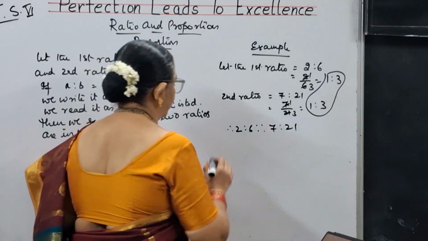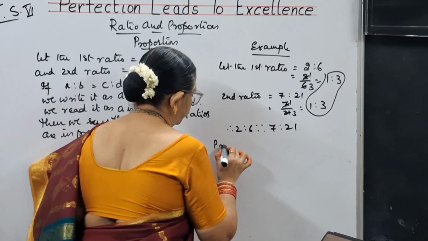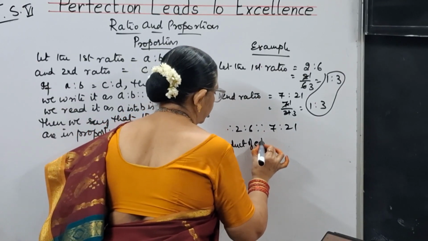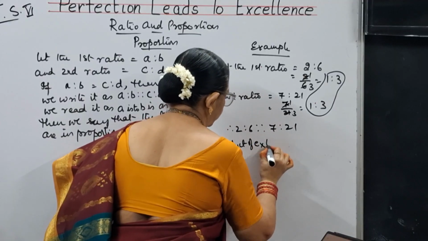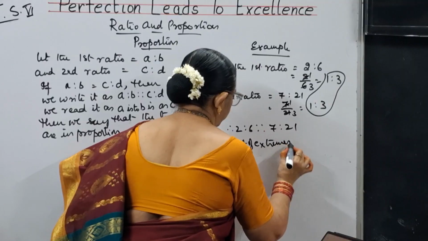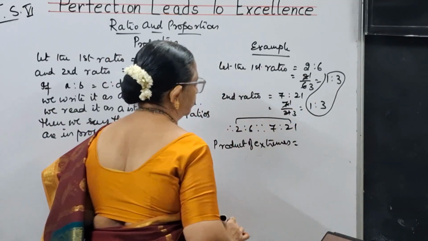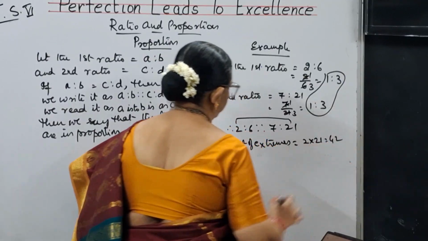So in this case, if these two are ratios, then let us write about product of extremes. Product of extremes means what? These two are extremes. 2 into 21, that is 42.